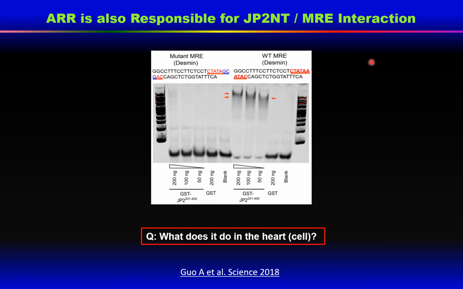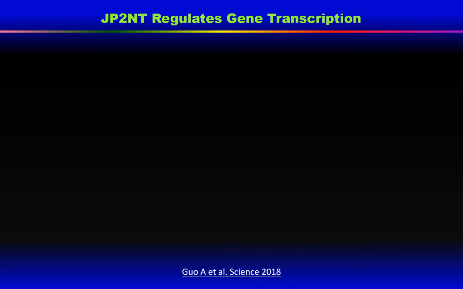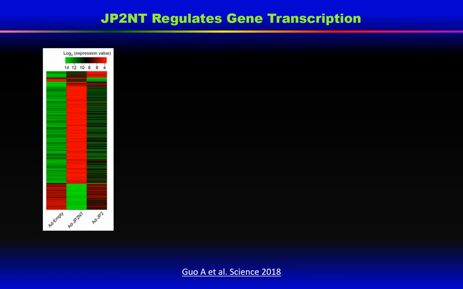We then ask, what does JP2NT really do in the heart? To understand whether JP2NT directly regulates gene transcription, the first thing we did is microarray analysis using samples from cultured cardiomyocytes infected with JP2NT or full-length JP2 or empty virus. Surprisingly, we found almost 2,000 genes were significantly repressed, and over 500 genes were upregulated in JP2NT-treated cardiomyocytes.